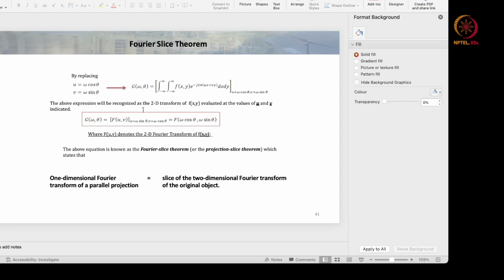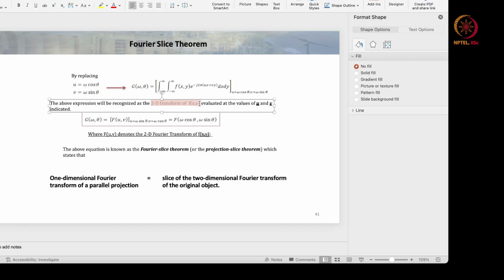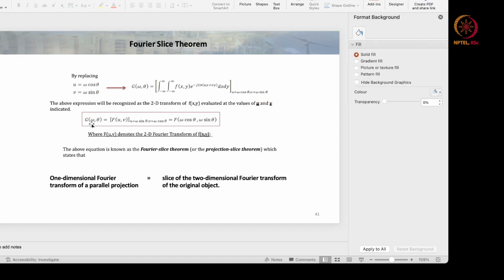The above expression is recognized as a 2D transform of f(x,y) evaluated at certain values of u and v. So in other words, G(omega, theta) is nothing but the 2D transformation of f(x,y) evaluated at u and v. So F(u,v) denotes the 2D Fourier transform of f(x,y).